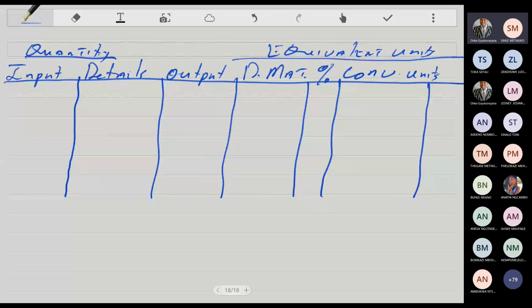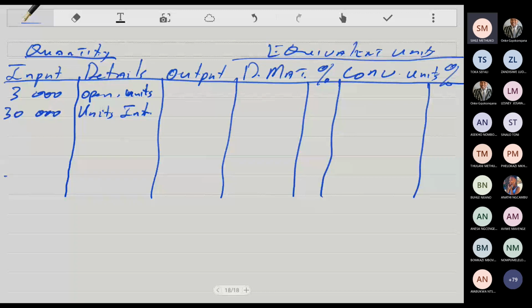So in this case, we do have the opening. So opening units. Our opening units is 3,000 units. Put them on your input side. Then your units introduced in your production, 30,000. That gives you a total of 33,000 units.